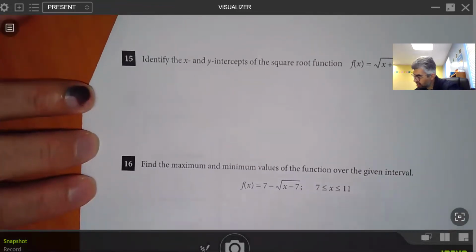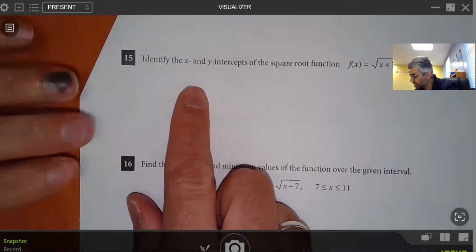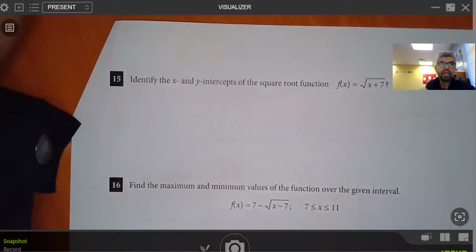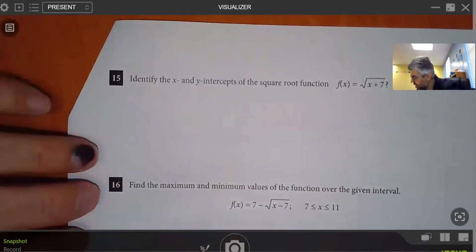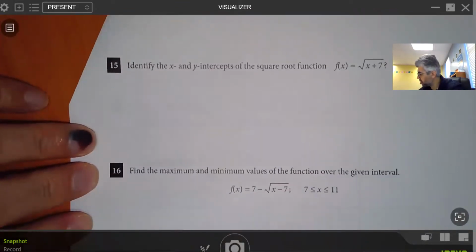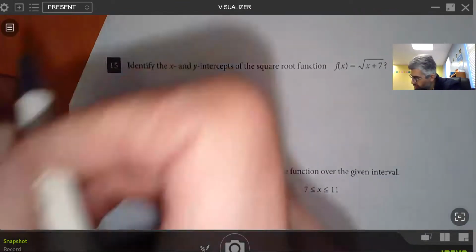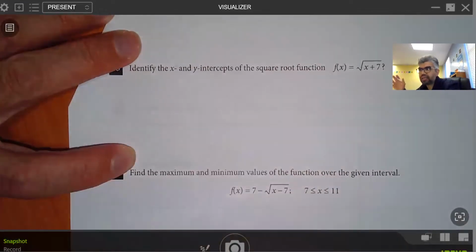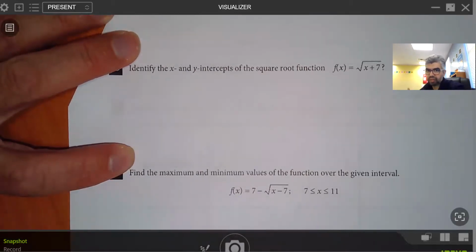Identify the x and y intercepts of the square root of the function. When it asks for x, y intercepts, we have to write them as a point. It's important, guys, okay? What do I mean? The x-intercept is not just one number. We cannot say x-intercept is 2. We have to say, for example, 2, 0.